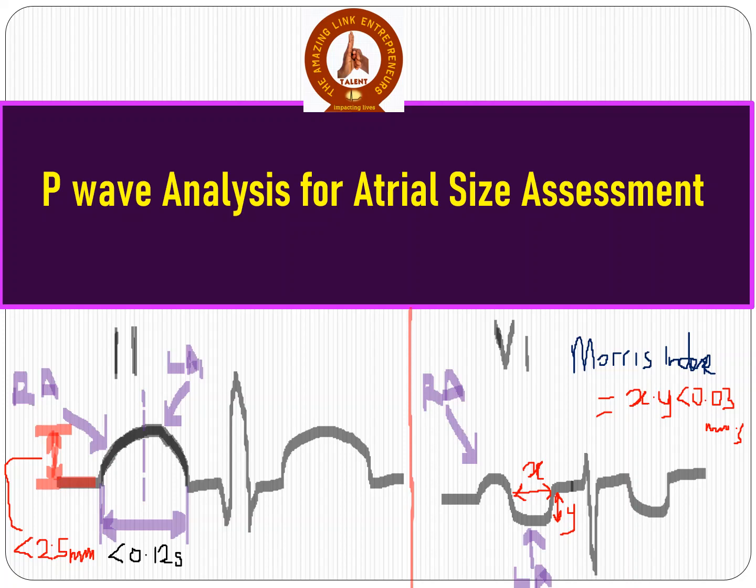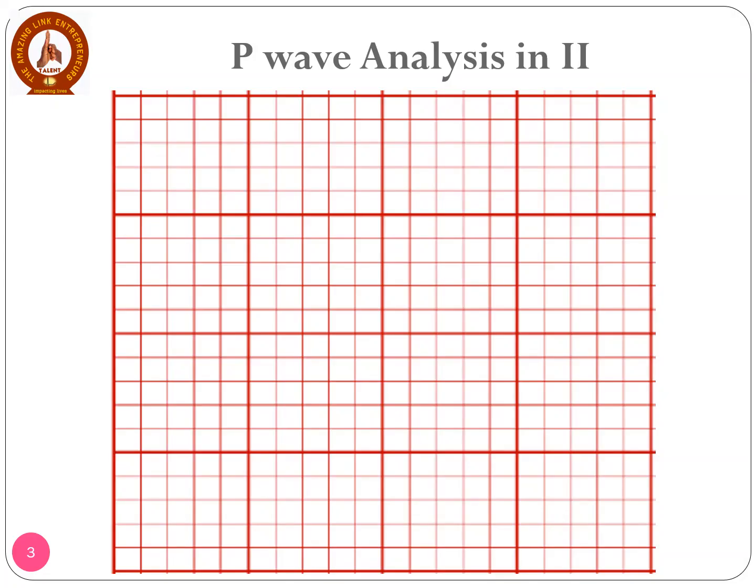Deviation from this pattern also reflects atrial size abnormalities. Let's consider these deviations first in lead 2, then in V1. P wave analysis in lead 2.